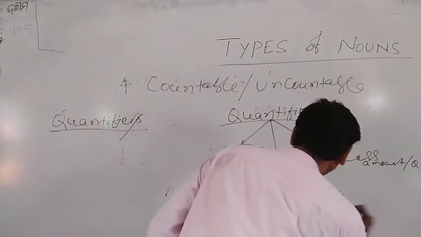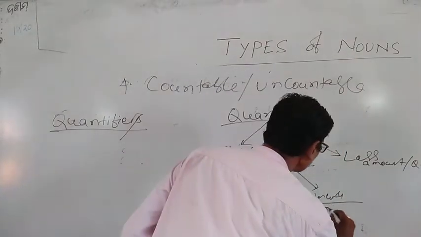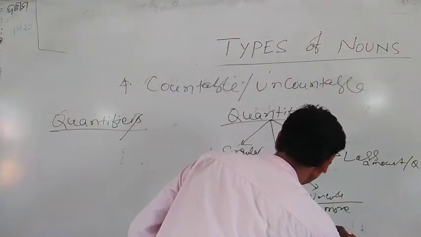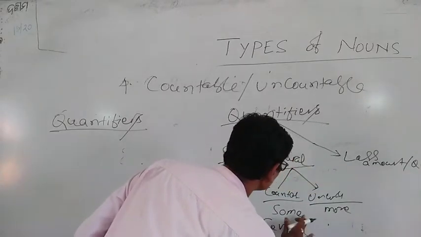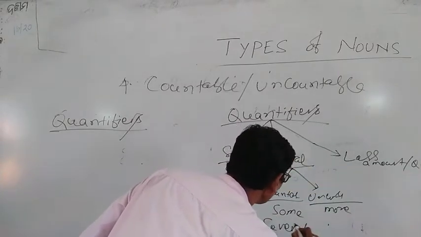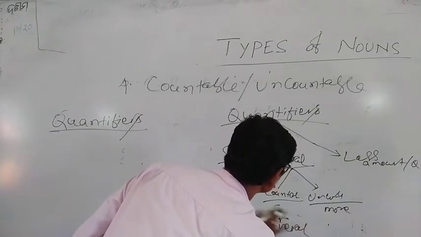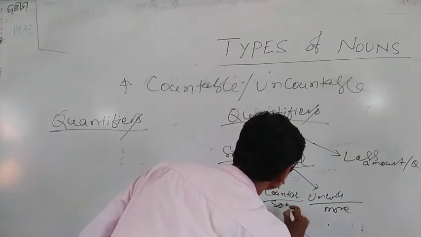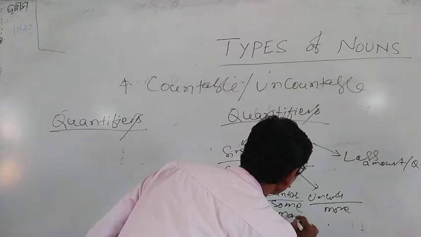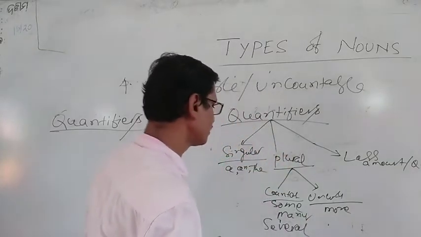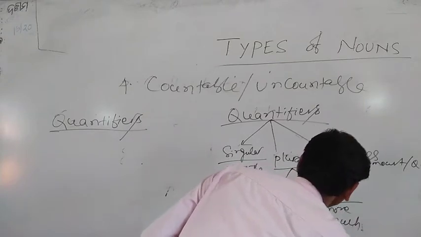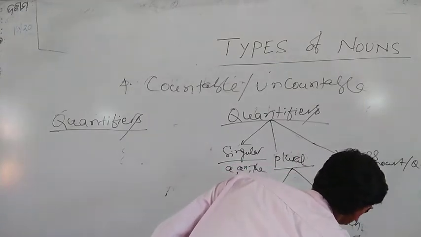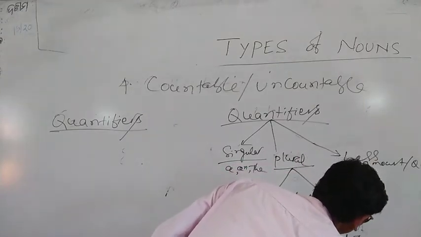For uncountable, more, much. Here you can say many, some, much, a lot of, lots of.